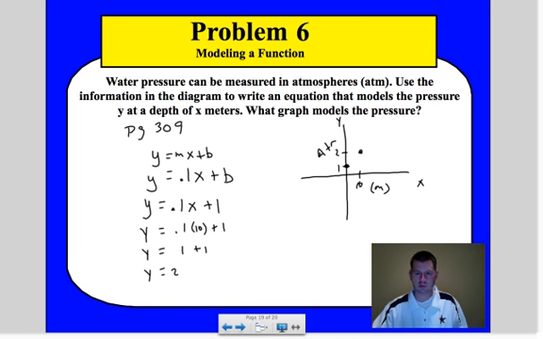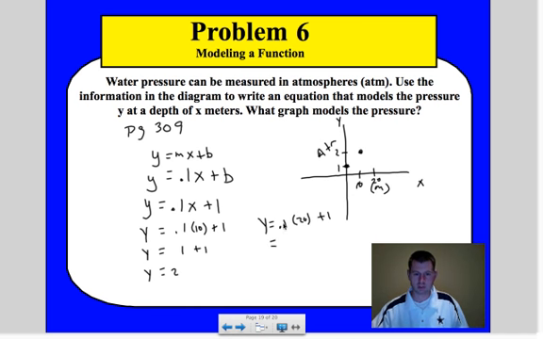Now if I go again, I say 20, and you do the same thing as you go through. If I used 100, that would be 10 plus 1, and you'd be up at 11. So you pick 3 points here. If we say 20, just to finish this off, we would have y equals 0.1 times 20 plus 1.